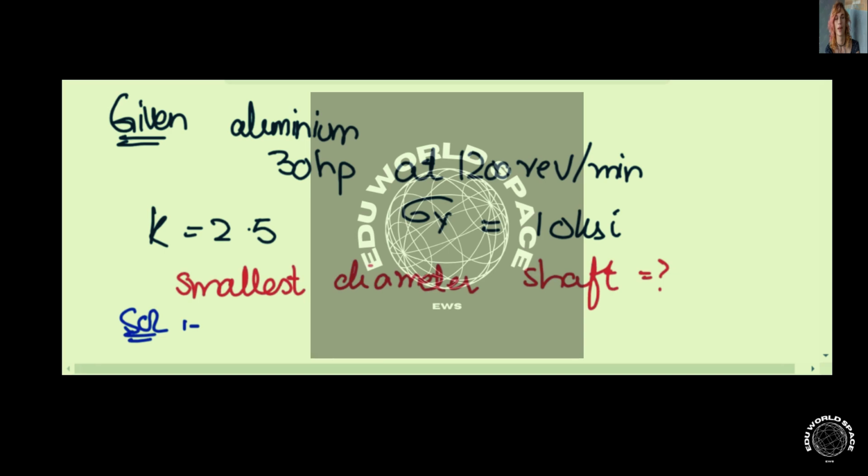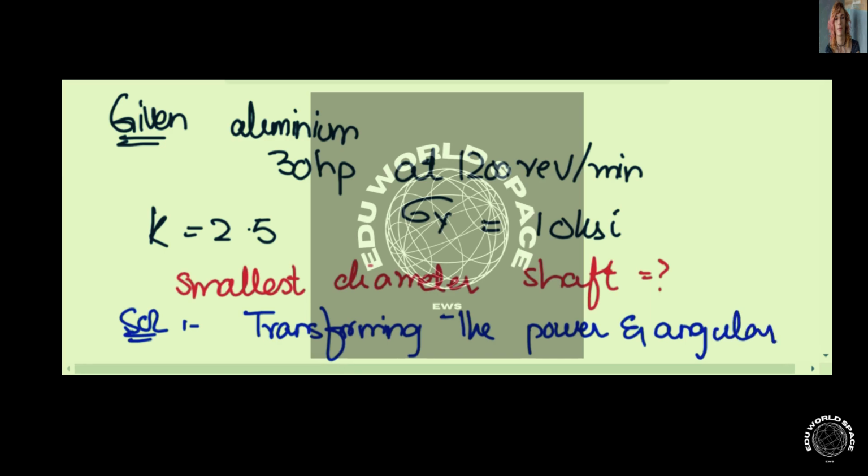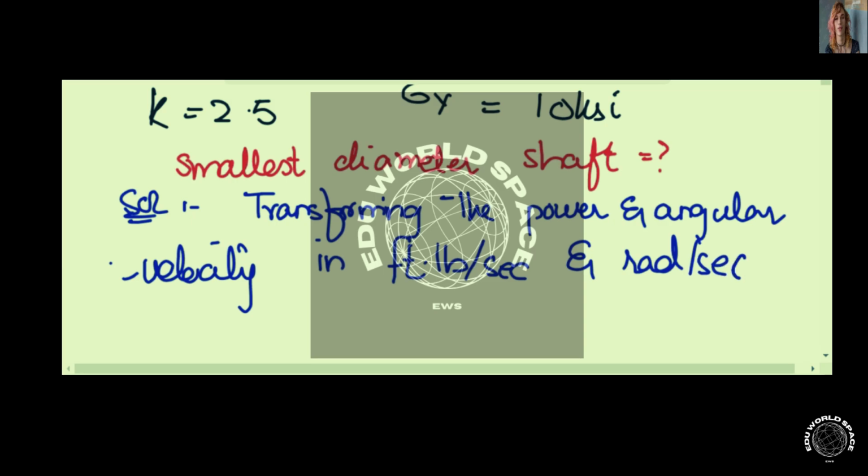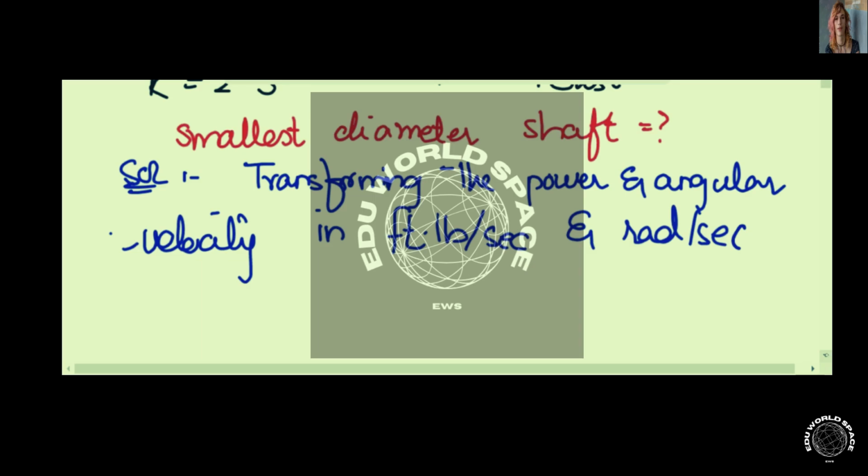First of all, we start by transforming the power and the angular velocity, in foot pounds per second and radians per second, just as it is done in example 5.4.